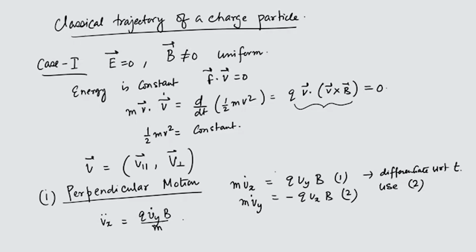So, this is equal to q B by m, and then this is equal to minus q Vx B divided by m.